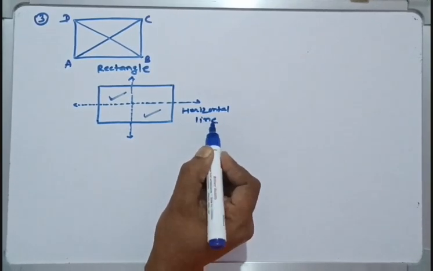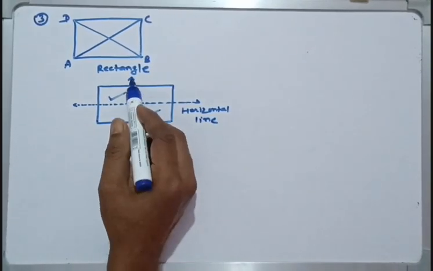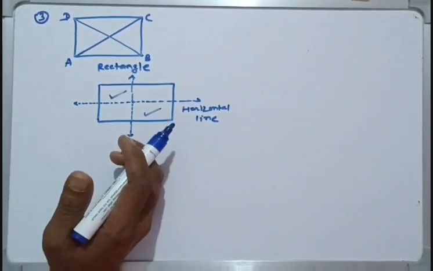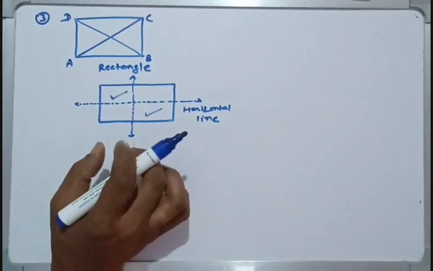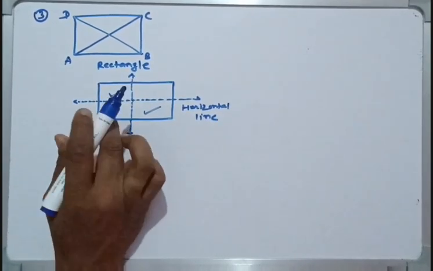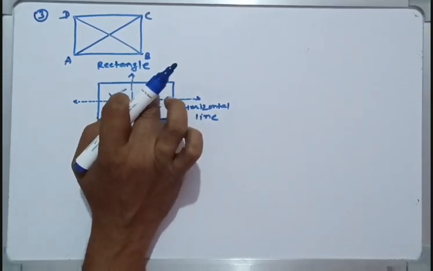Okay guys, now in the case of a vertical line, this also divides this rectangle into two equal parts. This one is the first part, this one is the second part.